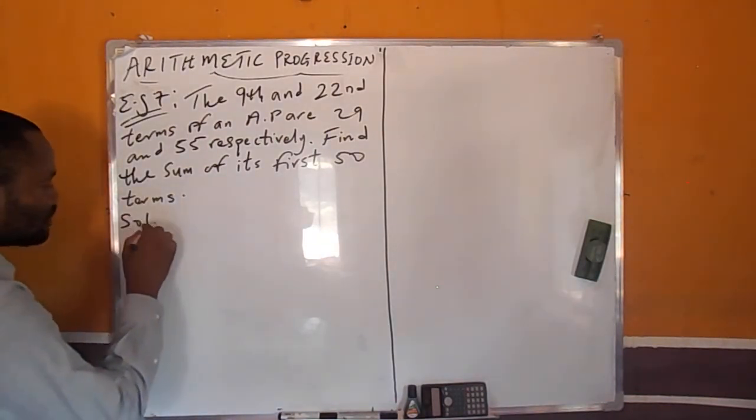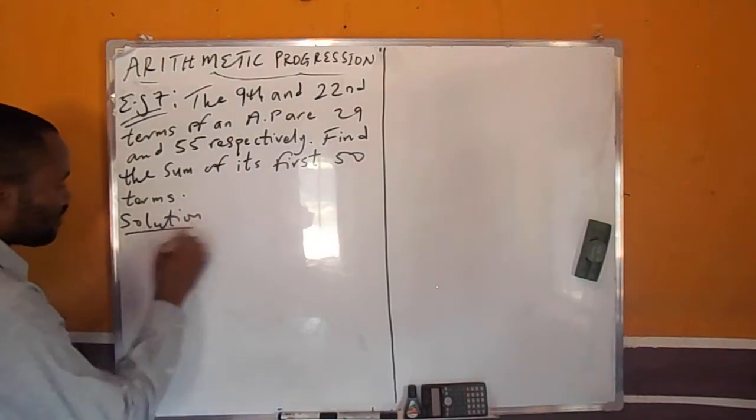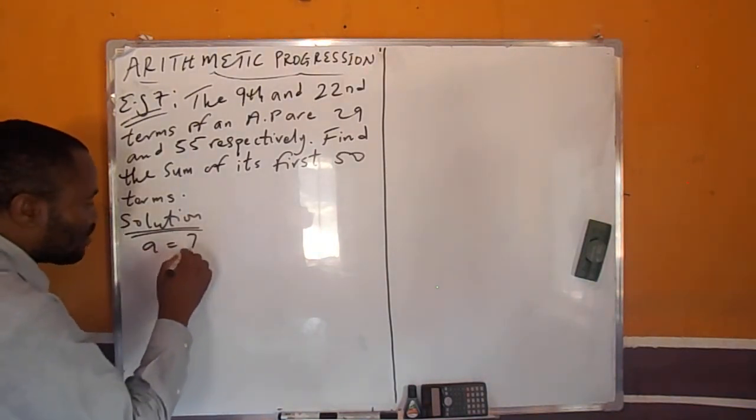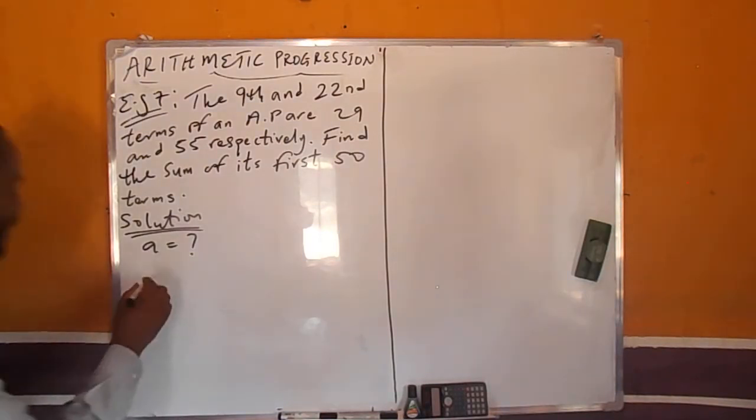Now, solution. The first term a, we are not given. The common difference, we are not given.